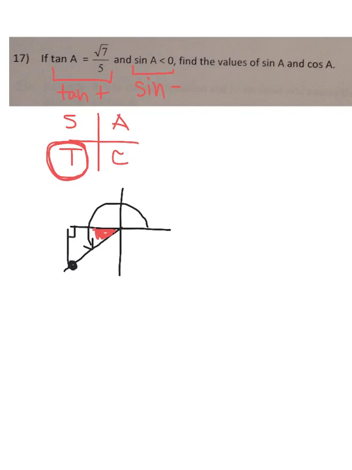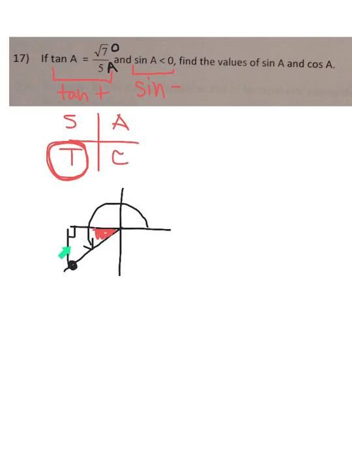All right, so the next thing that I'm going to look at is the value that they gave me. They gave me the tangent was radical 7 over 5. Well, I know tangent is the opposite over the adjacent. Right, so I'm going to go down to this triangle down here. Here's my reference angle in red.